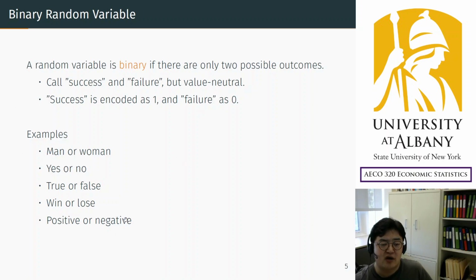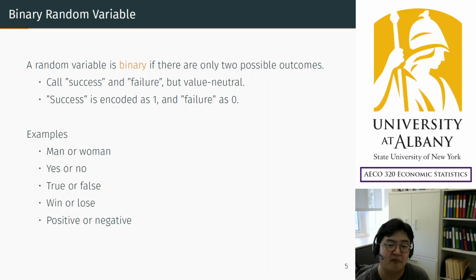So I wrote down some examples, pretty obvious. But again, you may treat either as 1 or 0. You can encode man as 1 or woman as 1. It does not matter. That's your choice. And depending on the context and your interest, you can switch the encoding.